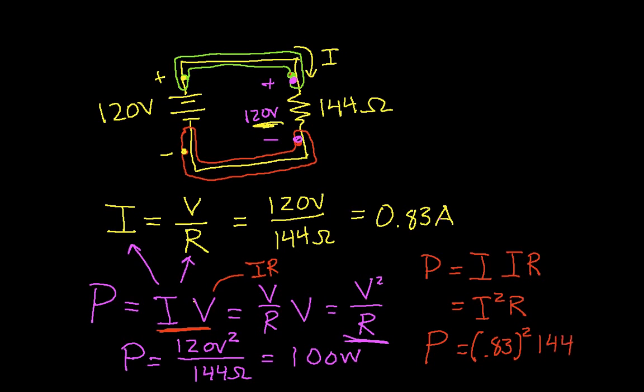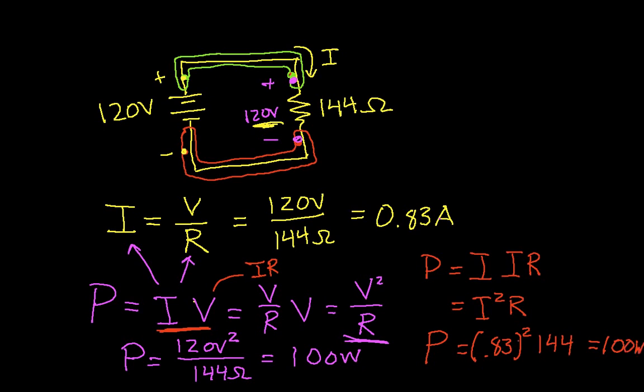And I'll actually work that out and make sure I get the right answer, because it's always nice when things work out. So I take 0.83 squared and multiply by 144 ohms. And to the accuracy of my calculation, this turns out to be 100.